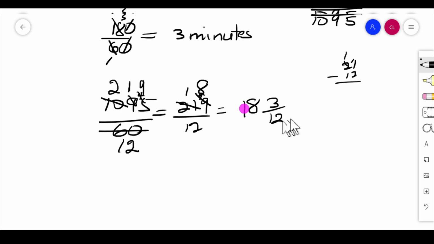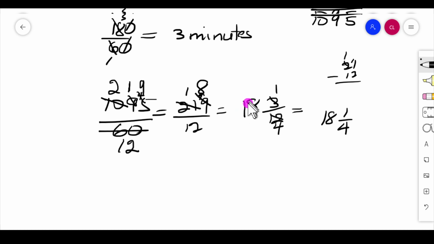That's what would be left. And we can reduce this fractional component because 3 could go into itself 1 time and 3 could go into 12 4 times. So we get 18 and a quarter hours.